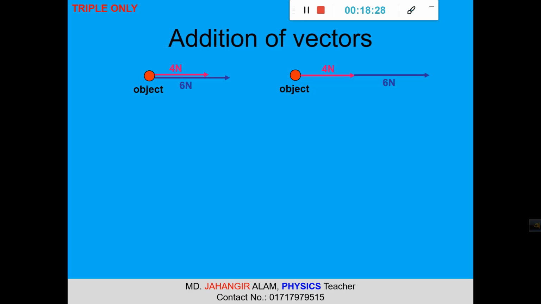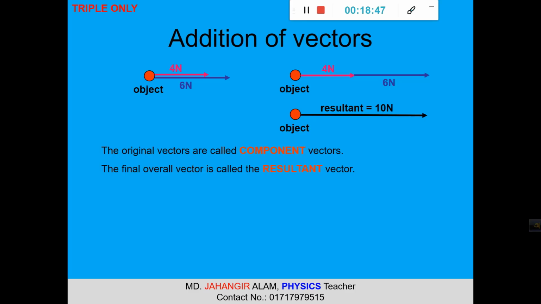So the resultant vector will be 10 Newton in the right direction, because the two forces act in the same direction. The original vectors are called component vectors. The 4 and 6 are the components of the resultant vector. The final overall vector is called the resultant vector.